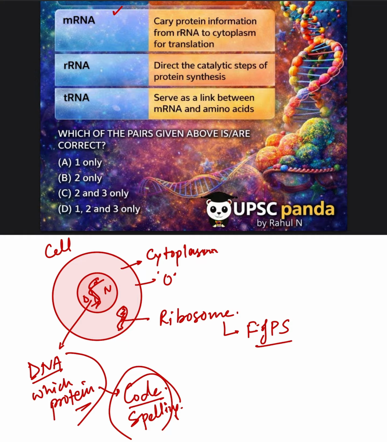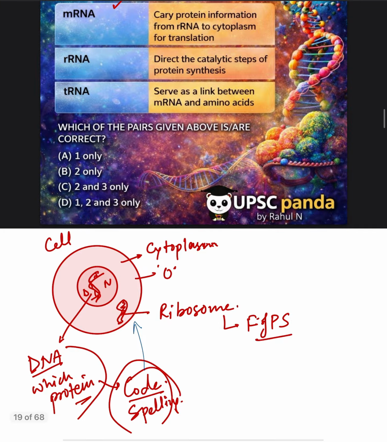So this code should reach the ribosome, the factory where it will be formed. So this is the information of what you will make. This information will reach the ribosome by a messenger. That messenger RNA will take the genetic information, the code, to the ribosome for translation. Okay.